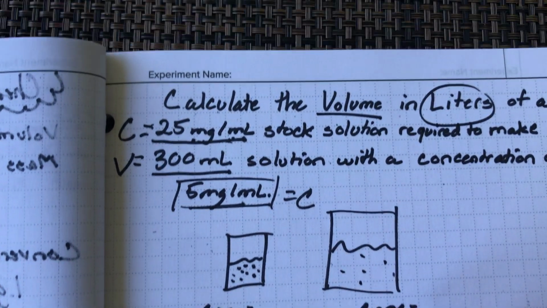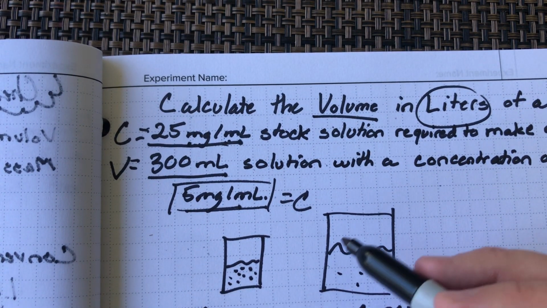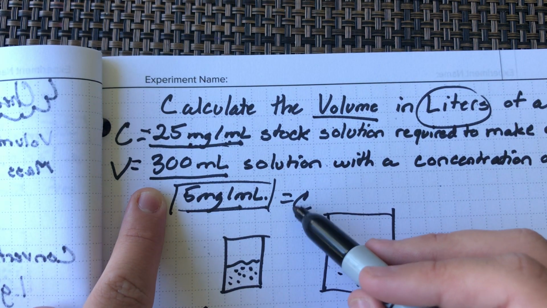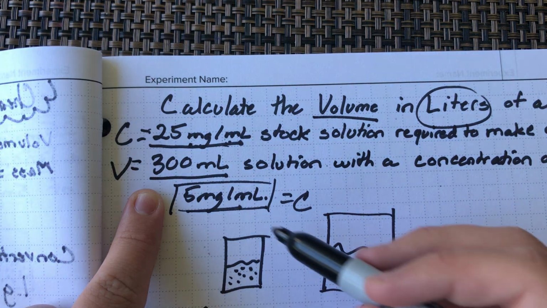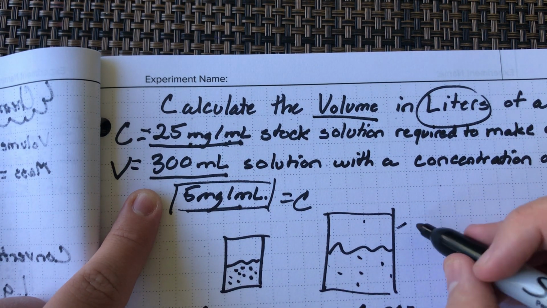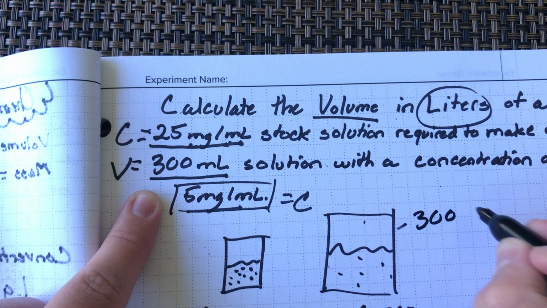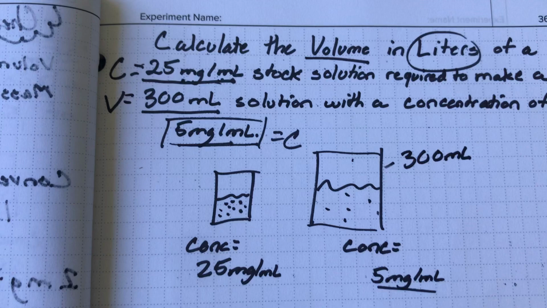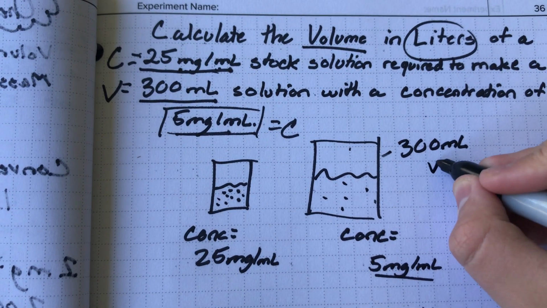What else do we know about this volume right here? We know what the volume is. We not only know the concentration, like we did for both of them, but we know the volume for this one. The volume for this is going to be 300 milliliters. Okay. Equals the volume.